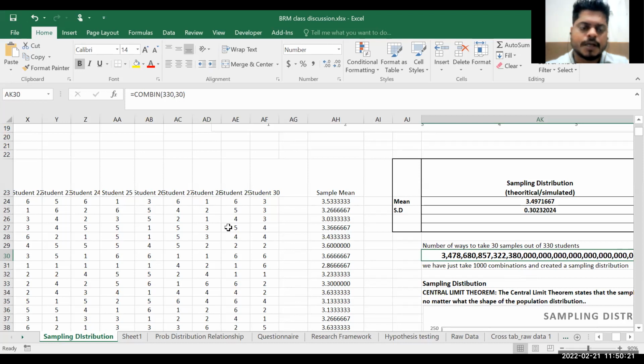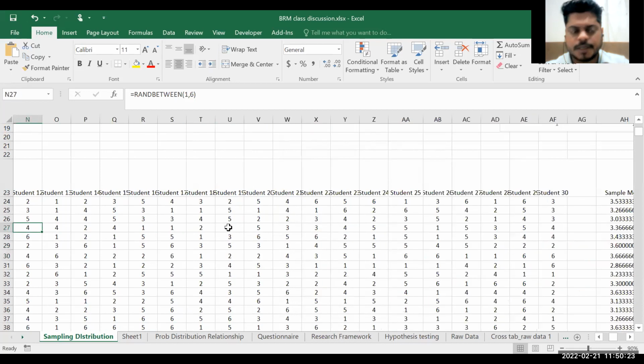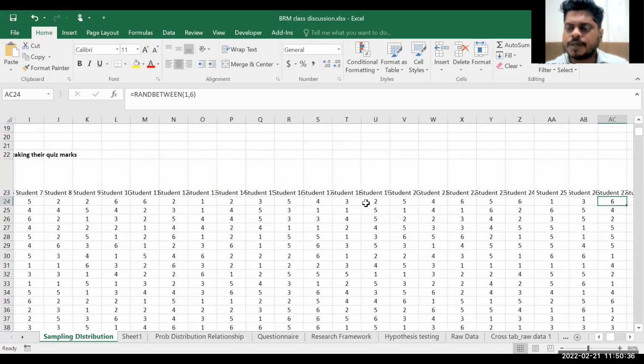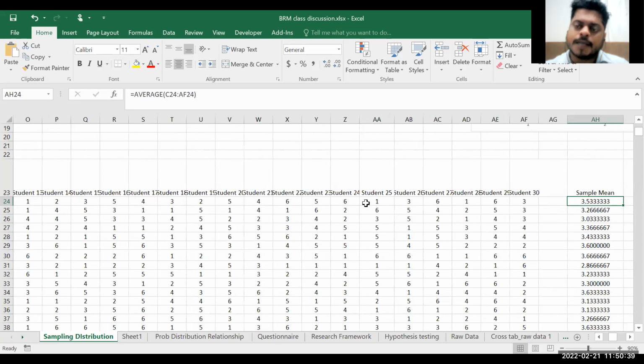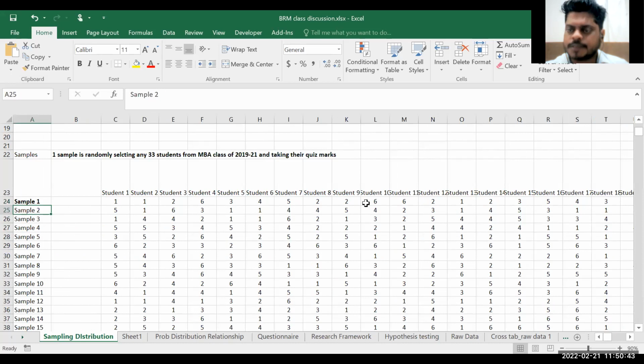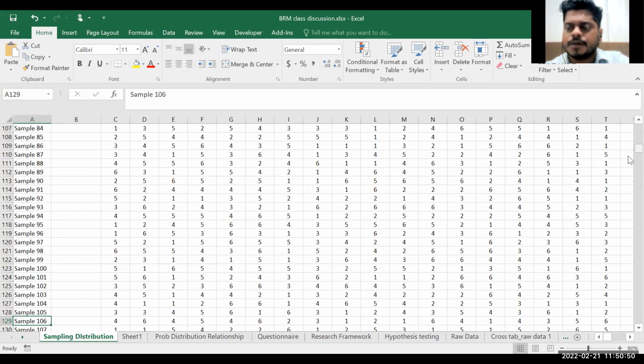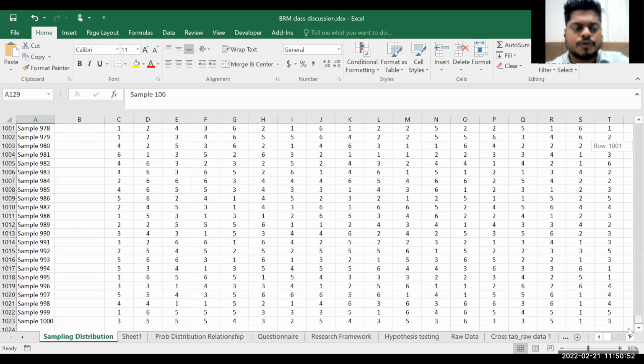What I have done is 1,000 samples. What does it mean? Sample 1: I have collected the first sample. Student 1 scored 1, student 2 also scored 1, and like that 30 students have scored different marks. So I have a total of 30 students in sample 1. Like that, I go and collect sample number 2, sample 3, sample 4, up to 1,000 samples.